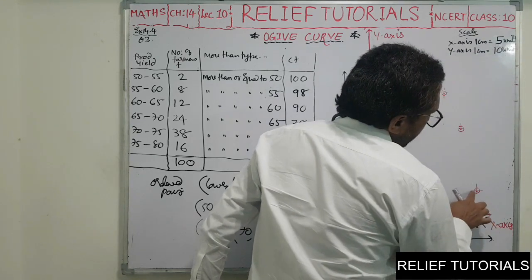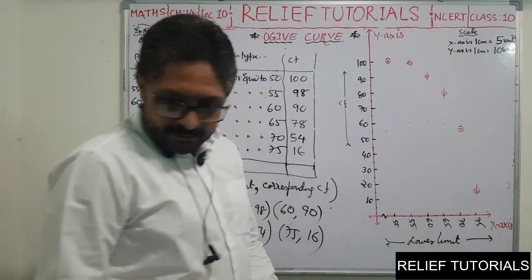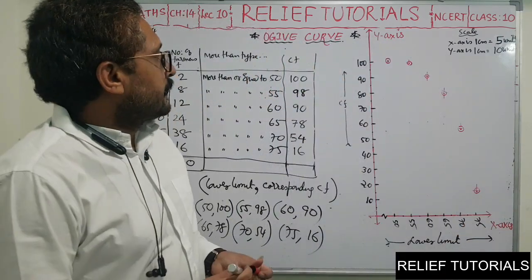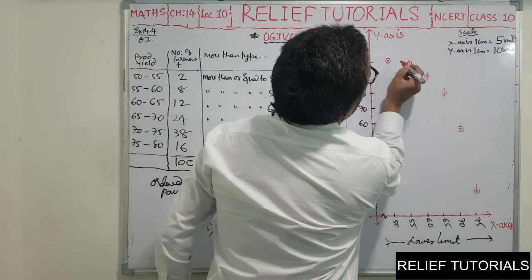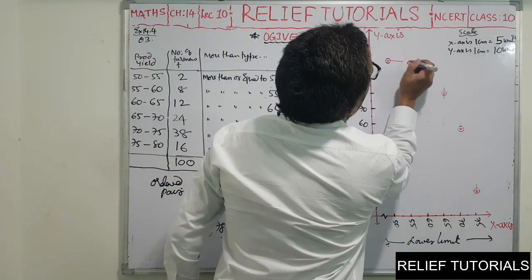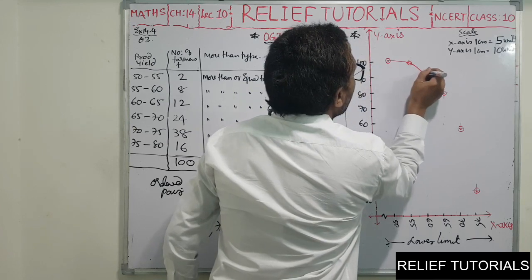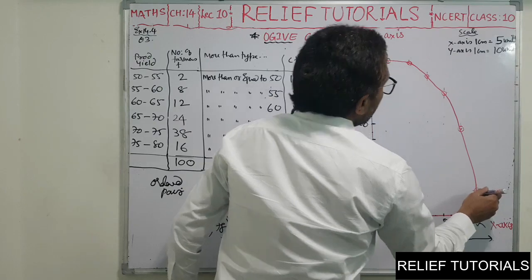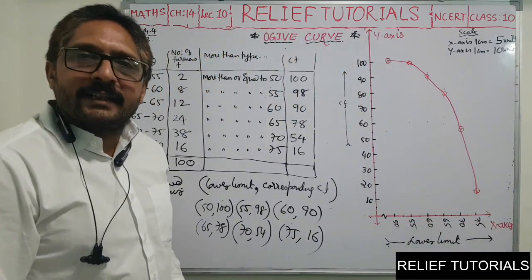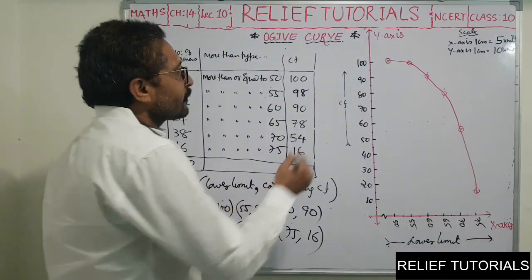So in this way we can plot all the points. Now we will join these points with a free hand. So this way. So this is the more than type cumulative frequency curve. If you want to write for it, you can write it.